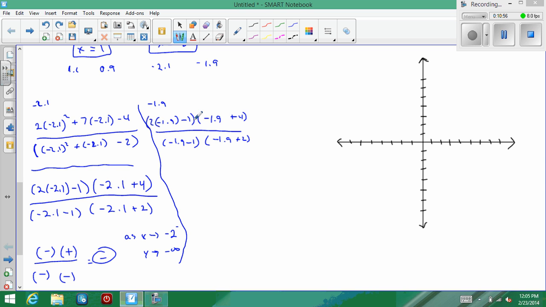So here I'm going to have a negative number. Negative 1.9 plus 4 is positive. Negative 1.9 minus 1 is negative. Negative 1.9 plus 2 is positive. So two negatives is a positive outcome. So as x approaches negative 2, now we're on the right-hand side of that negative 2, so we're going to put plus up there. So as x approaches negative 2 from the right, y is approaching positive infinity.